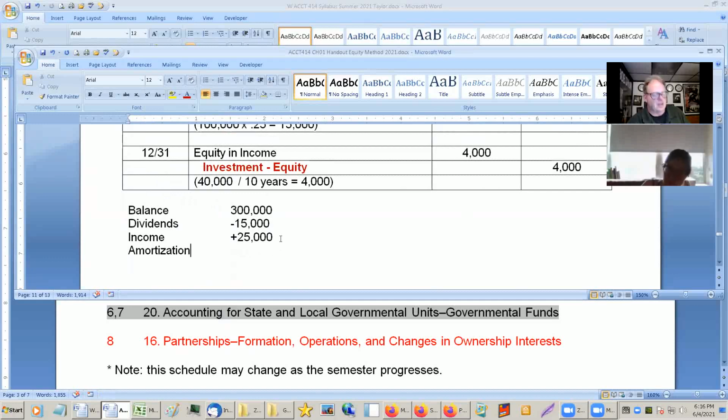So amortization, it would just be 306,000.